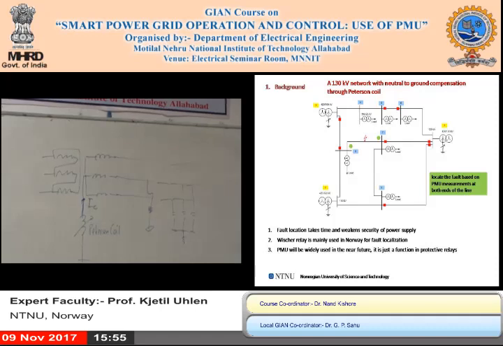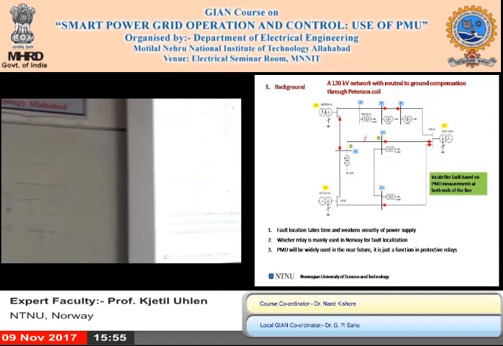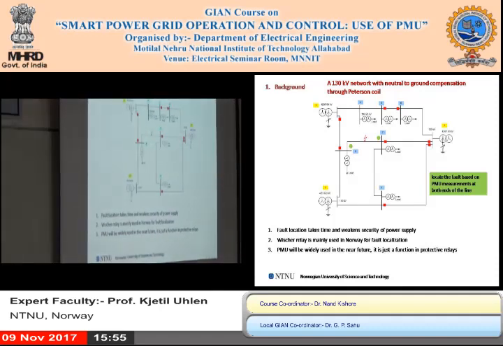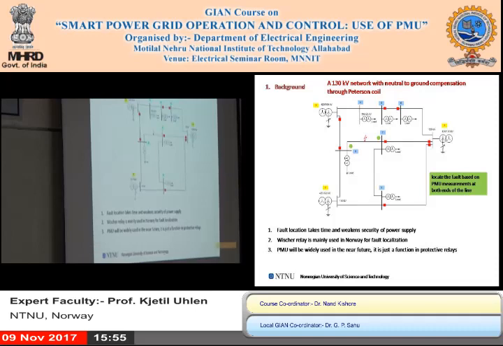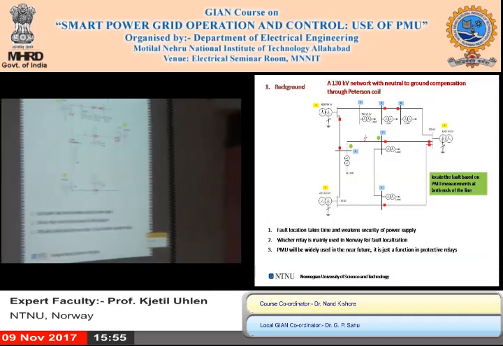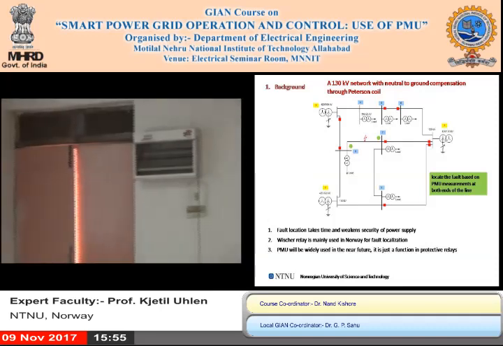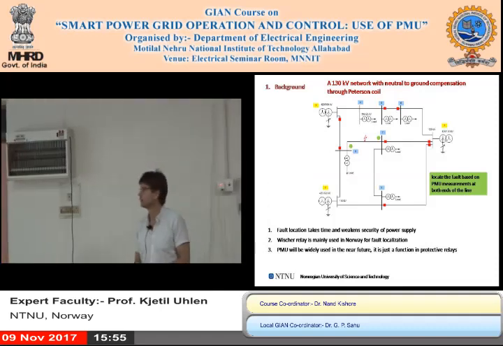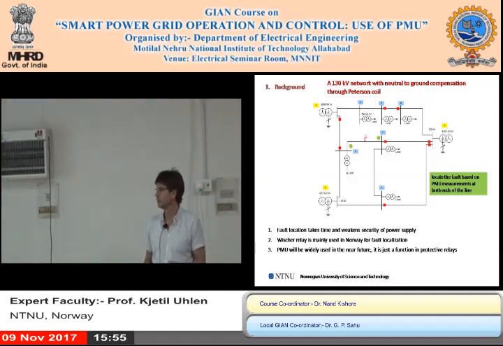Since there is no fault current, there are no relays that trip the fault. So in any case, it would be good for the operator to know where the fault is, so they don't have to disconnect every line to isolate the fault. So that is where we have tried to make an application.